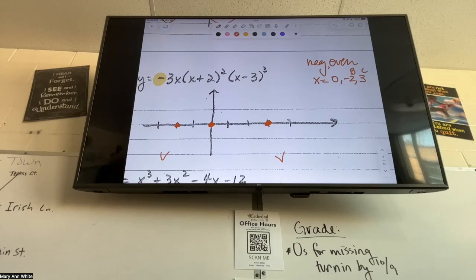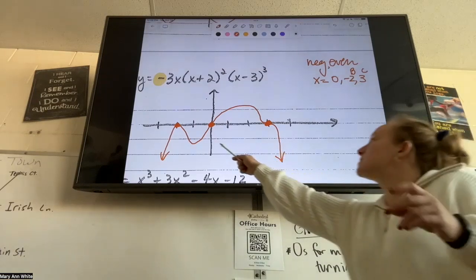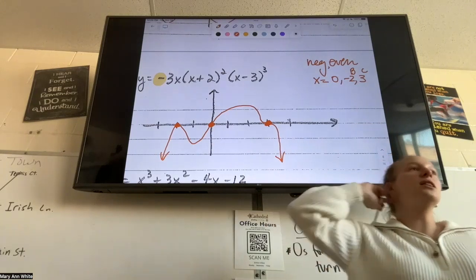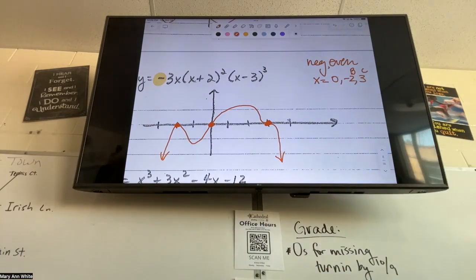Okay, so -2 is my bounce. So I'm going to be really focused here. I'm going to make sure I bounce here. I get to cross over at my 0, and then at my +3, I'm going to kind of cube through like that. Kind of funky looking, but you can tell that this is a cross and this is a cube. See how they look a little bit different? That's kind of what I want to see.